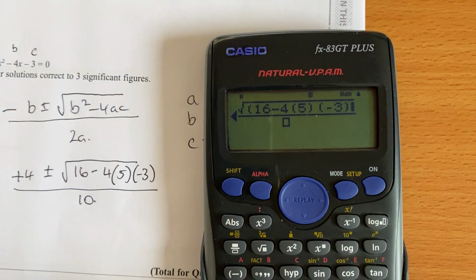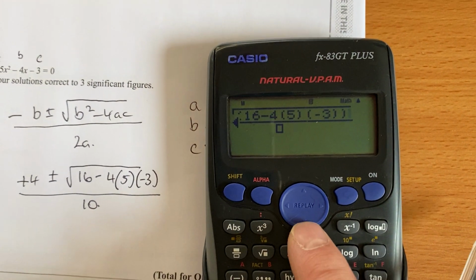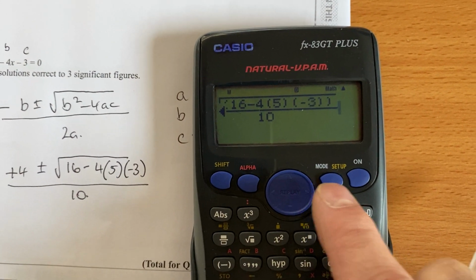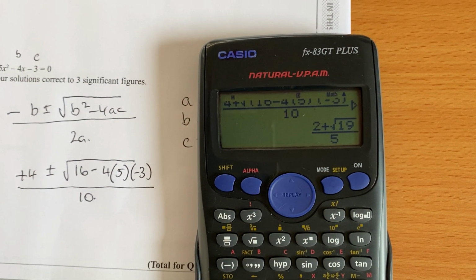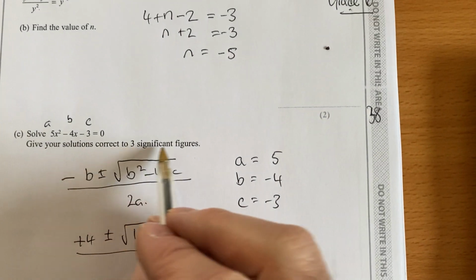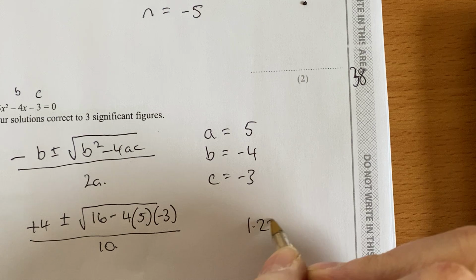And I need to close that bracket again, so there. And underneath, and I might have a typo error. That's okay, I can cope with that if I do. I press that, oh, I get it straight away. And I get 1.27. It wants it to 3 sig fig, 1.27.